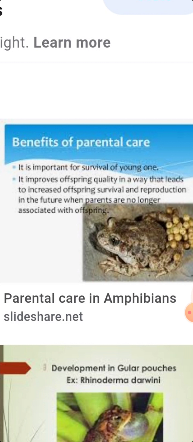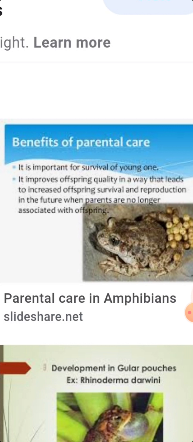Then next, it improves offspring quality in a way that leads to increased offspring survival and reproduction. Already I am saying what the benefits of this parental care in amphibians are: they develop their offspring's survival and reproduction.